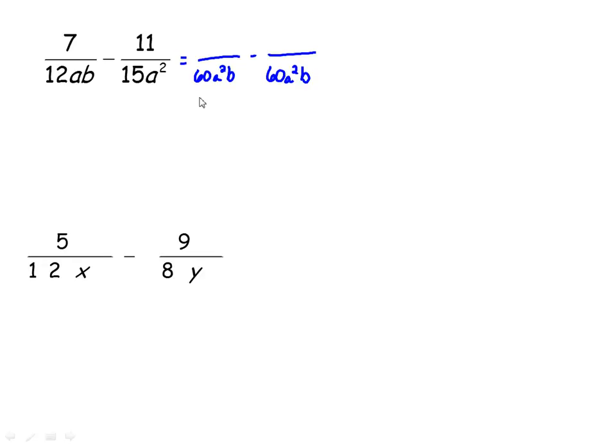We multiply by a 5 and an A. Right? 5 times 12 is going to give us the 60. A times A is going to give us the A squared, and we already have a B, so we don't need to worry about that. So we're going to multiply the top and the bottom by 5A. So on top, that's going to give us a 35A. See if you can find the new numerator for the second one.